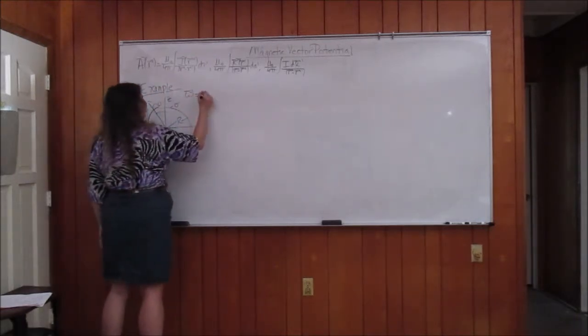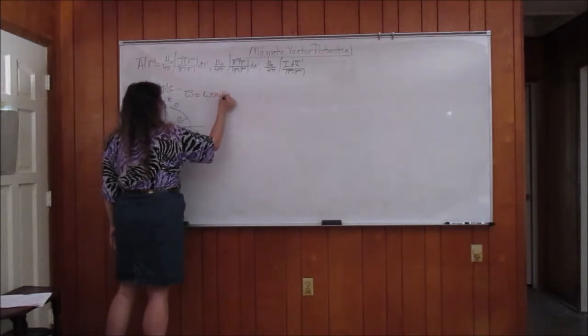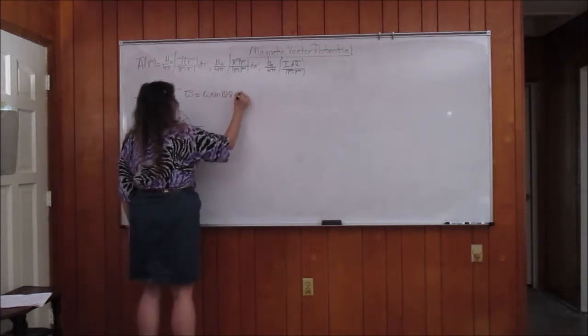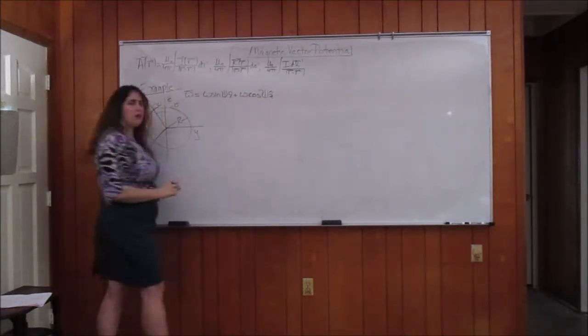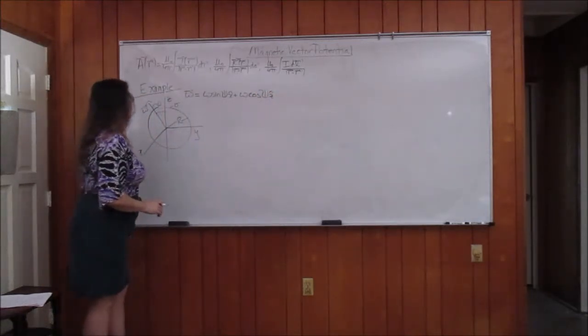So we'll write omega is equal to omega sine psi in the x direction plus omega cosine psi in the z direction.